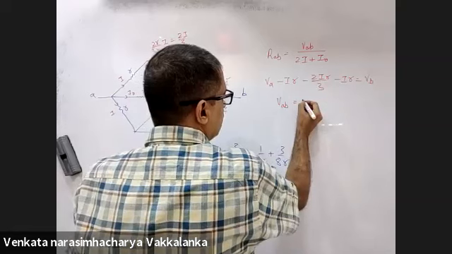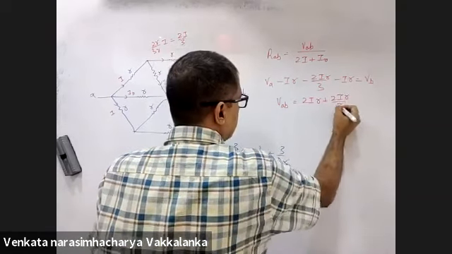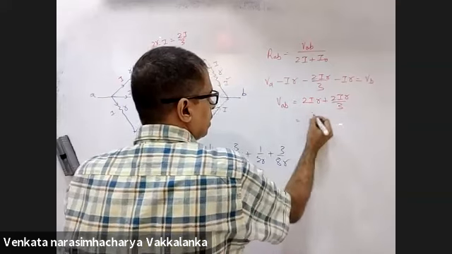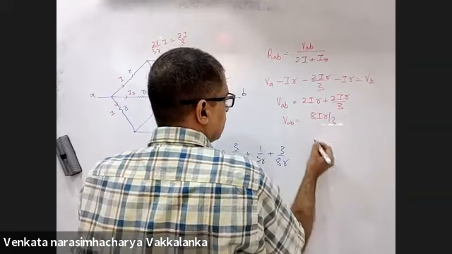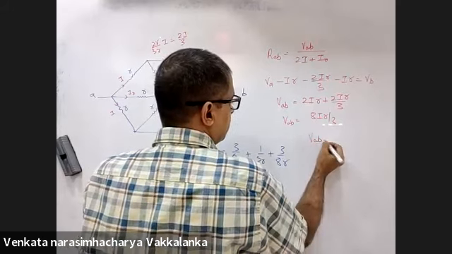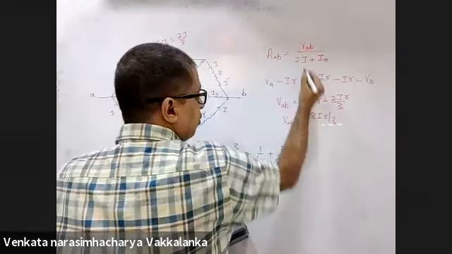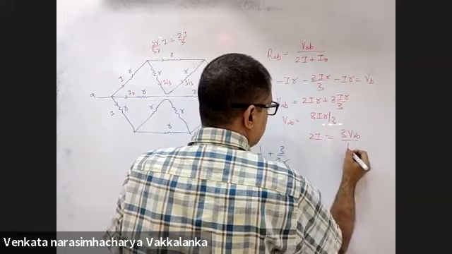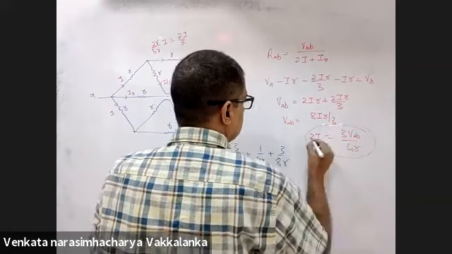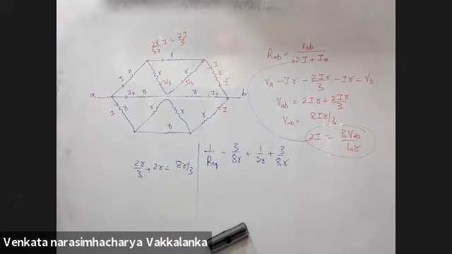VAB is equal to 2IR plus 2IR by 3, 8IR by 3. Now my requirement is VAB divided by, I need the value of 2I. 2I is 3 VAB by 4R. Agree?